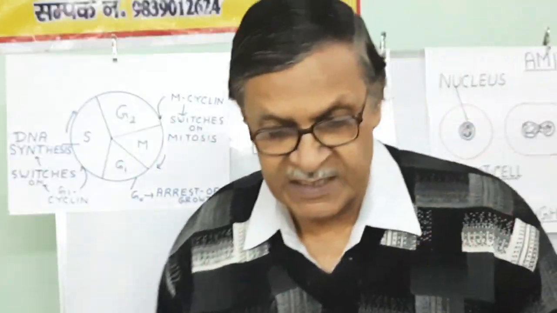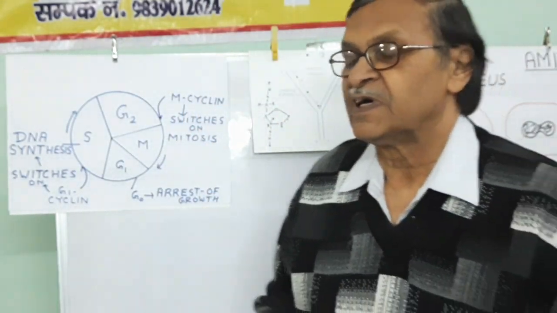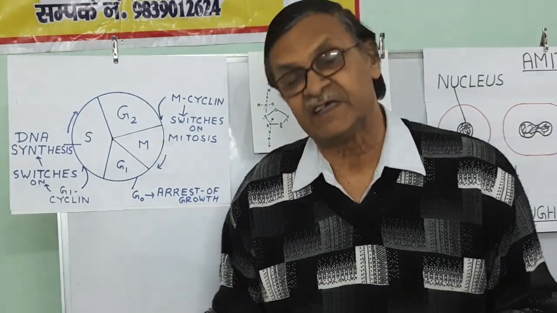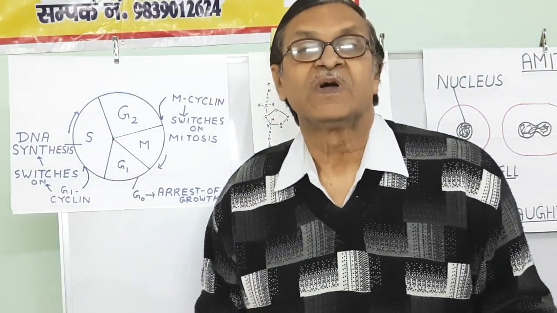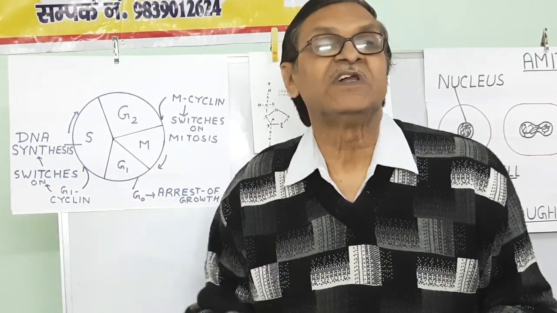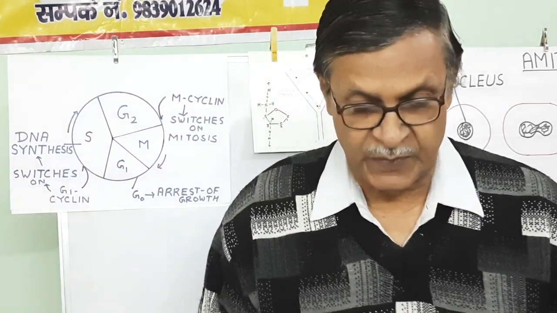Now, one very interesting thing is that the chromosomes are made up of DNA molecule, DNA and histone, and DNA contains two helices arranged in a double helix fashion. So what happens at the time of cell division?